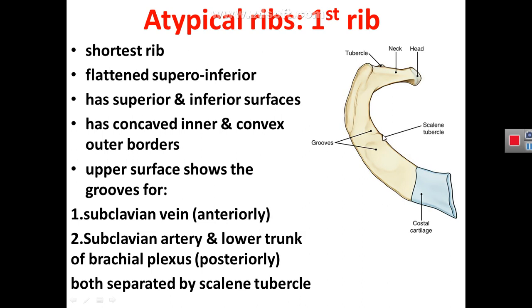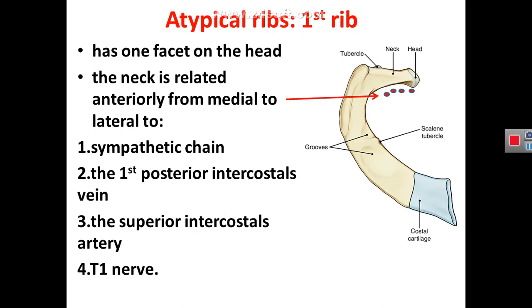Also, you can see that the first rib contains only one facet on the head. It does not contain two facets on the head separated by a crest, just like the typical rib. Apart from these features of the atypical first rib, we have to report here some relations which are not included in the features of being atypical, but should be mentioned here.